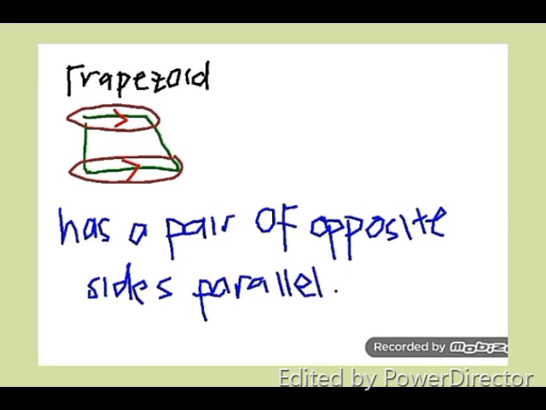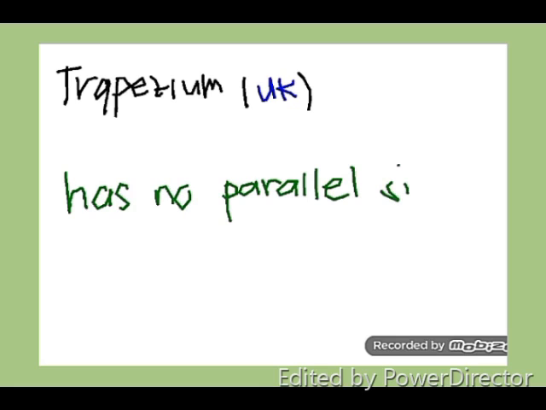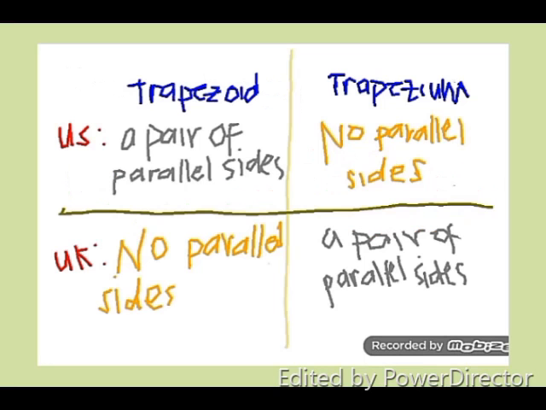Trapezoid has a pair of opposite sides parallel. Trapezium in UK has no parallel sides.